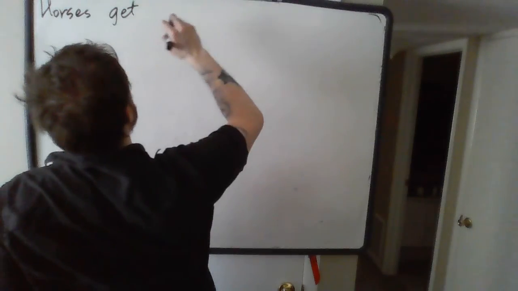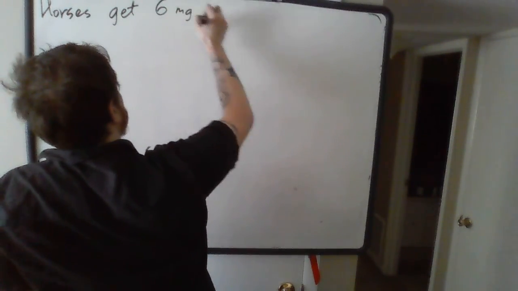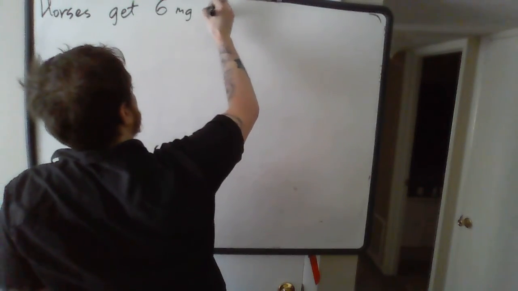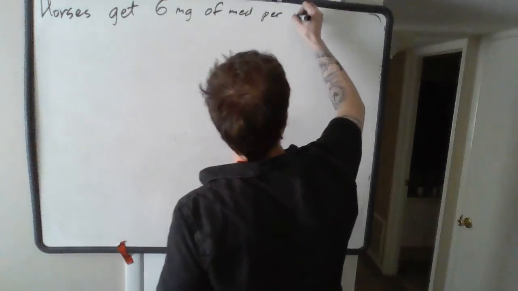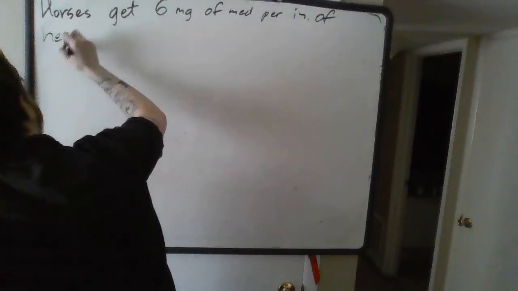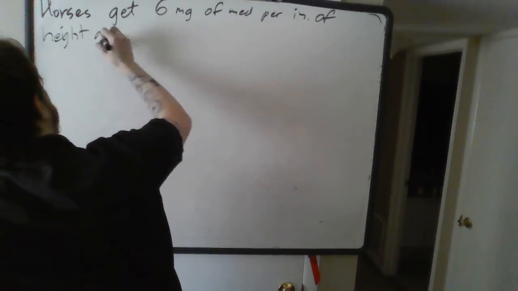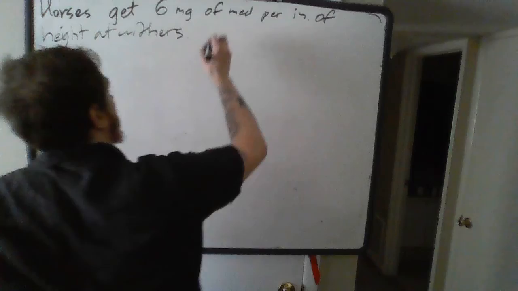Let's say that horses get 6 milligrams of medicine per inch of height at the withers.